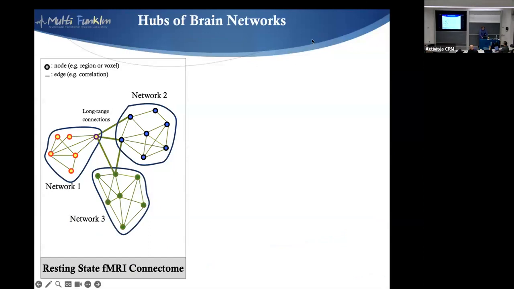So these are what we are looking for. We've heard a lot during the past few days that the brain is organized as networks that are communicating with each other. And you have key connections, sometimes called the Rich Club, which are hubs that connect different modules, different networks together. And those are very important points.